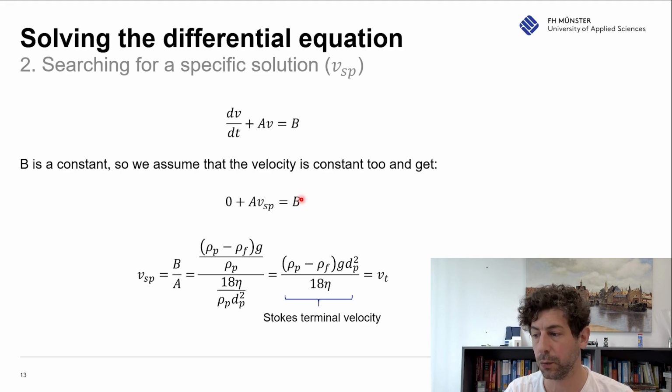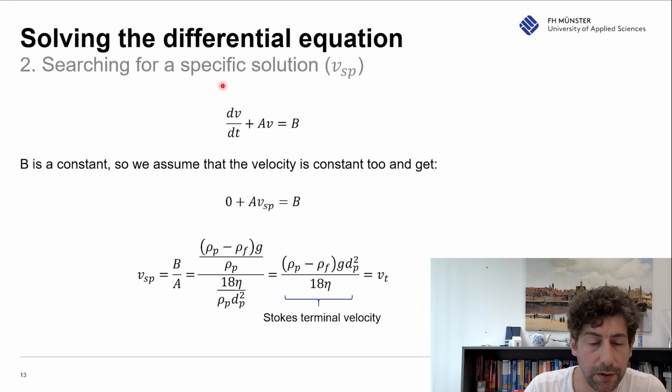And this means we have a, we have b, and we know what is a and b, right? Because a and b were constants we defined a few minutes ago, so we can rearrange this expression to v specific equals b divided by a, and then we put in what is b, what is a, and then we do a little bit of math, and we will get this as a leftover, and this leftover is already known to us because this is the terminal velocity in the Stokes regime, meaning the specific solution of this equation when we say the velocity is constant is the terminal velocity, which completely makes sense, right?